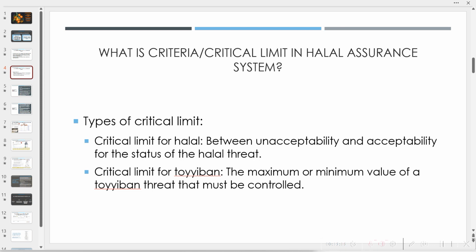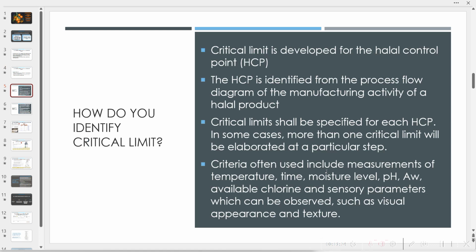So this is also considered under toyiban for quality. If I'm wrong in preparing the formulation, I declare one product is moisturizer, but actually the formulation preparation is wrong. That's considered toyiban and quality part. So that also falls under critical limit that you need to prepare.